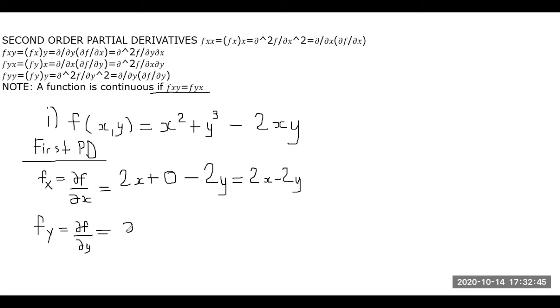So differentiating x squared we get 0, plus differentiating y cubed with respect to y is 3, carry down the power and subtract 1 from the power, so that's 3y squared.